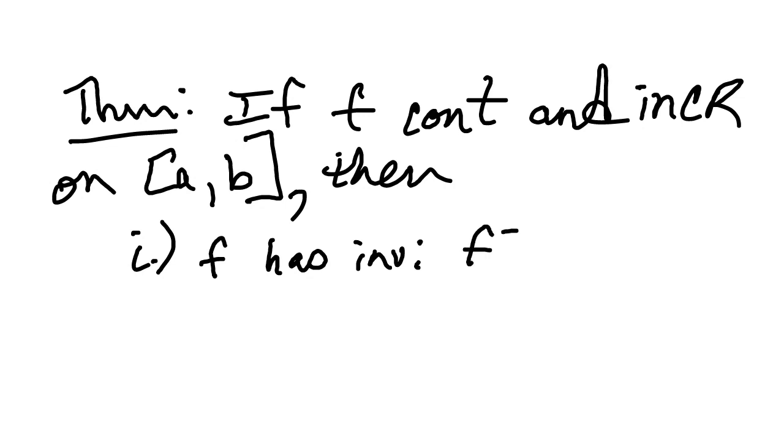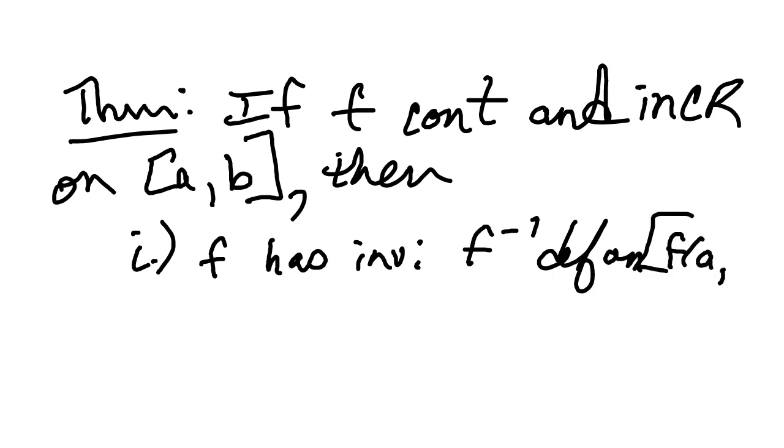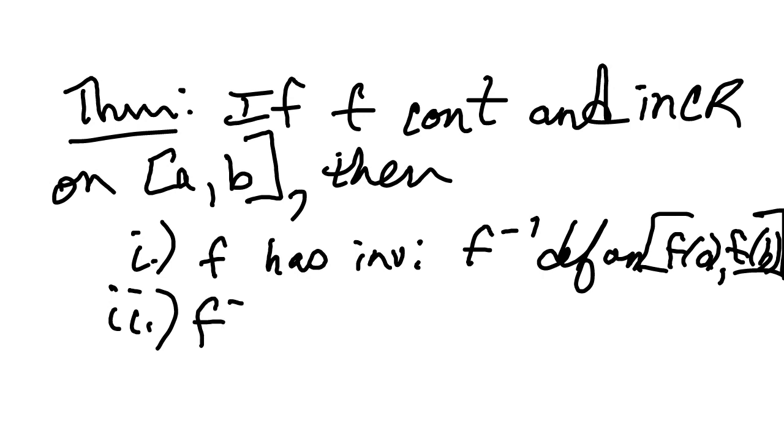And f inverse is going to be defined on f of a to f of b, and 2, f inverse is increasing. So if it's continuous and increasing, then the inverse is going to be increasing as well, which is what I just showed.